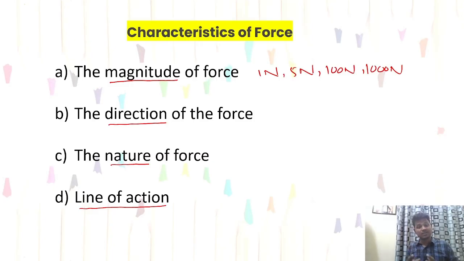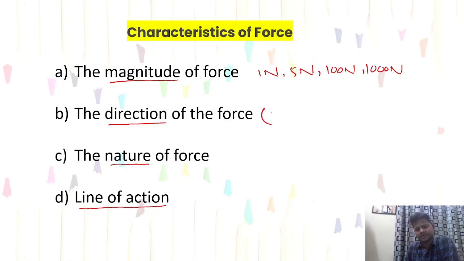Magnitude represents the amount of force you have applied to the body to change its position from rest to motion, or from motion to rest. Simply, magnitude means how much force you have applied to that body. Clear?